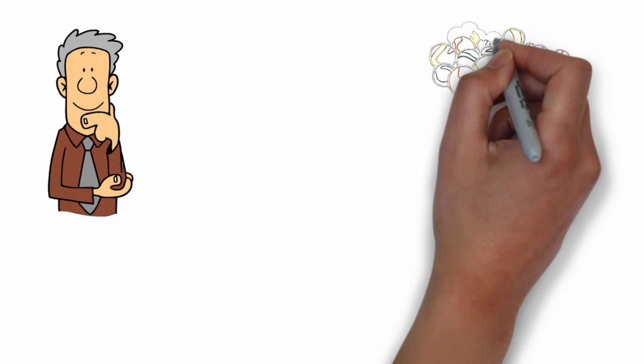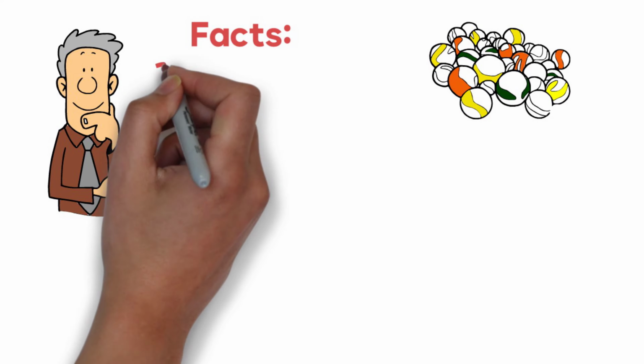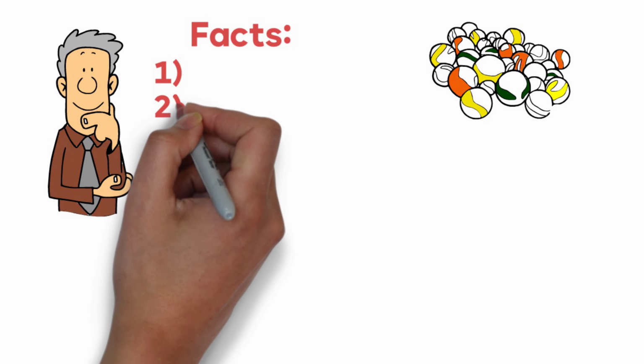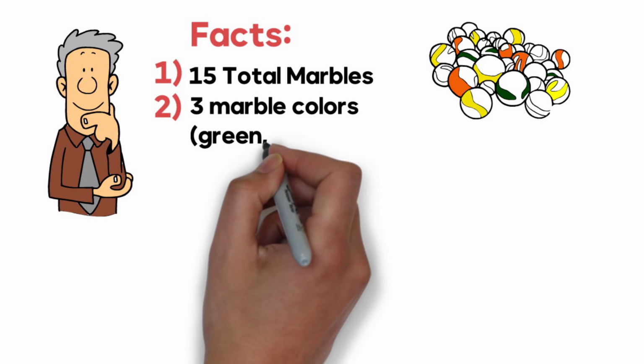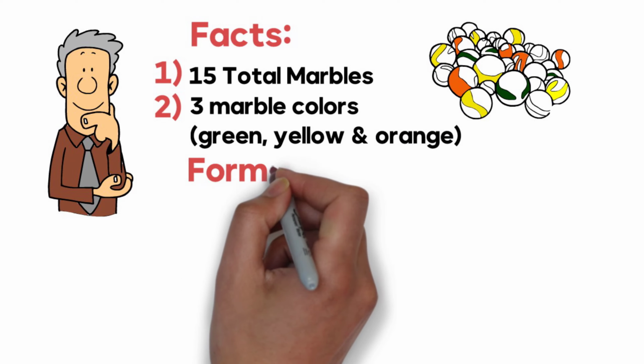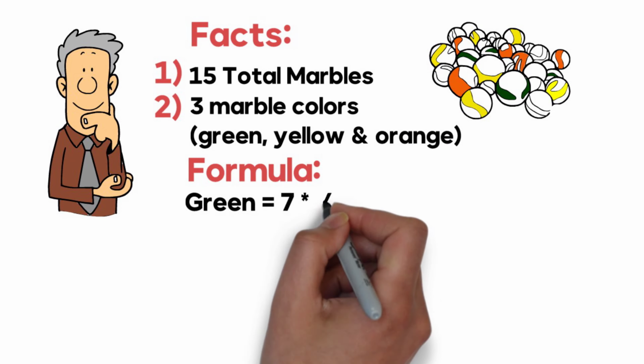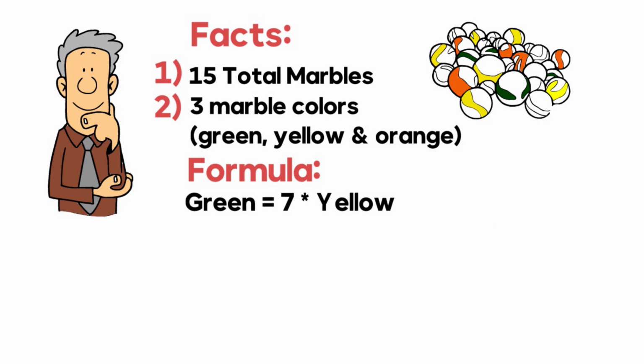To solve this type of problems, let's separate facts from the formulas. We have 2 facts. We have 15 total marbles, and marbles are of 3 different colors: green, yellow, and orange. And the formula that we are presented with is that there are 7 times more of yellow marbles than the green marbles.